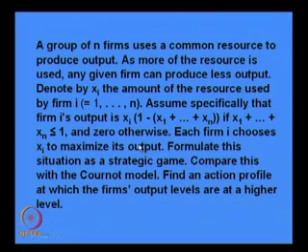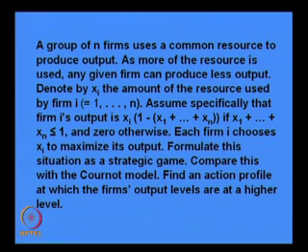So, let me start with this discussion. This is the question: a group of n firms uses a common resource to produce output. As more of the resource is used, any given firm can produce less output. Denote by xi the amount of resource used by firm i, where i goes from 1 to n.